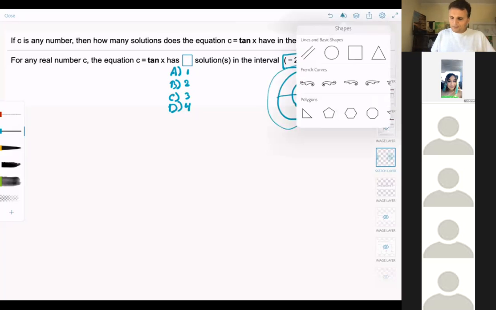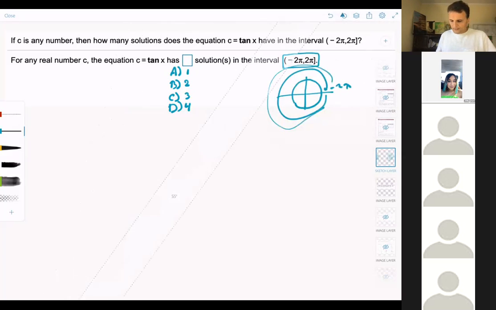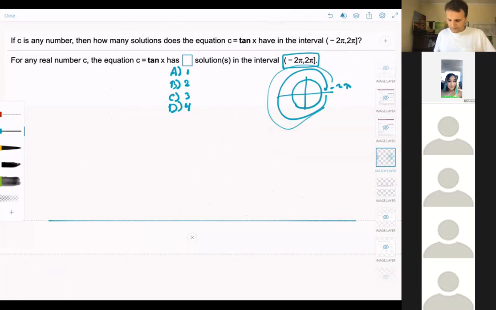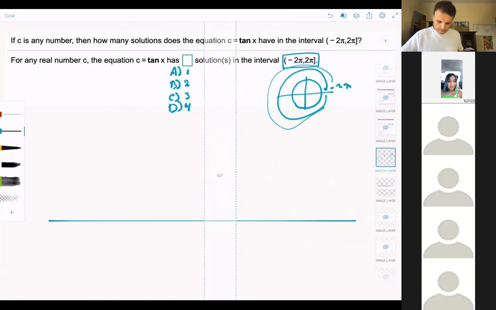But if you make a number line, I make a number line here.